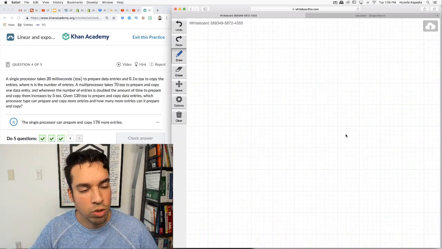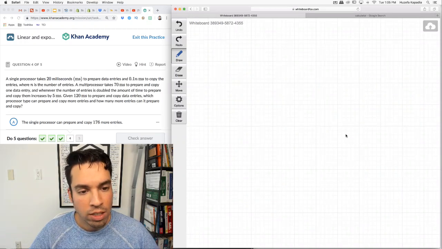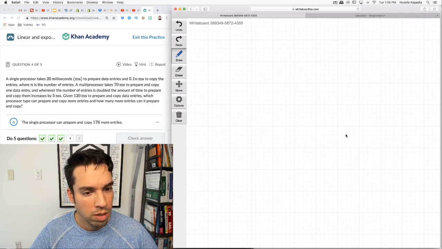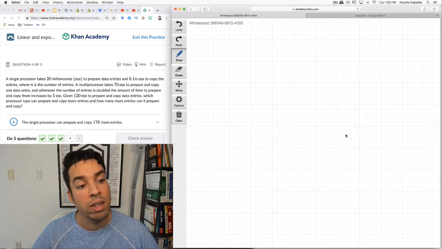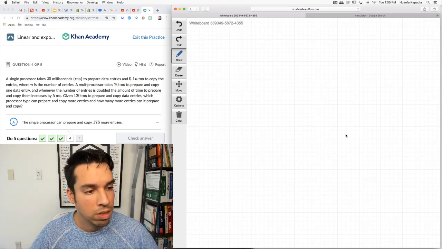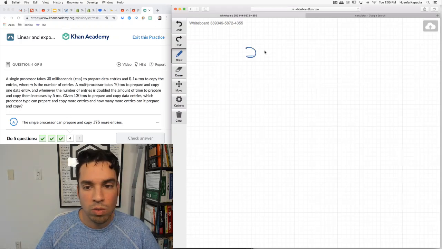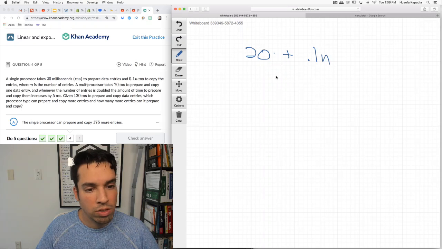A single processor takes 20 milliseconds to prepare data entries and 0.1 n, it's a variable, milliseconds to copy the entries, where n is the number of entries. Got it. So this is 20 milliseconds plus 0.1 n.